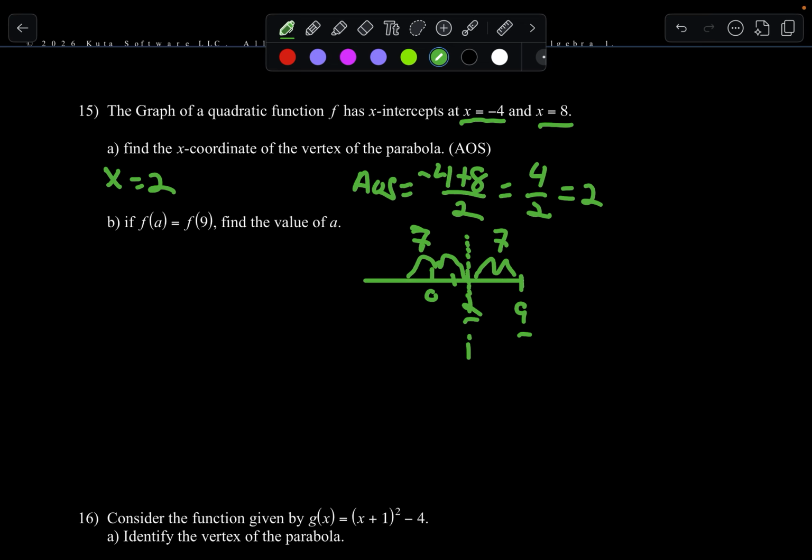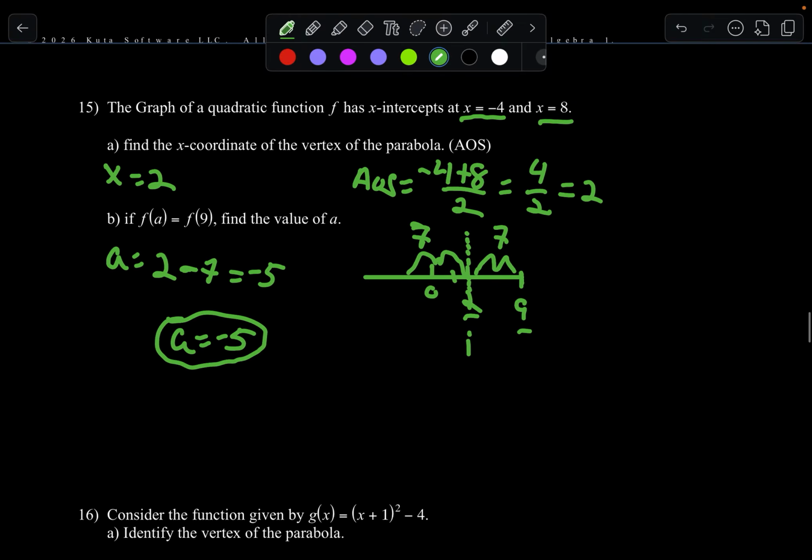So a would be 2 minus the distance of 7, which is negative 5. So a must equal negative 5. Again, it's not hard, but you do have to think about it. It's talking about the symmetry.